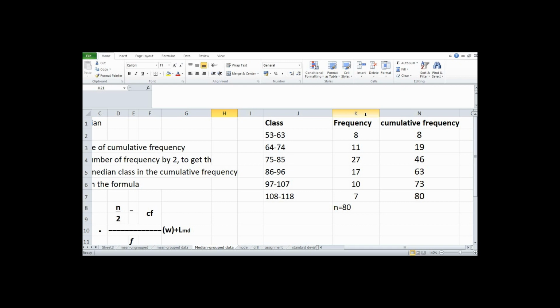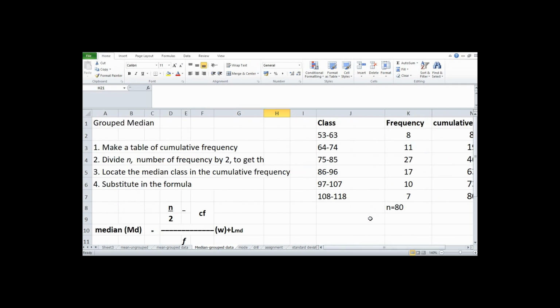I have already solved for the cumulative frequency by first copying the 8, plus 11, that is 19, plus 27, that is 46, plus 17, that is 63, plus 10, that is 73, plus 7, that is 80, and 80 is our total sample size.